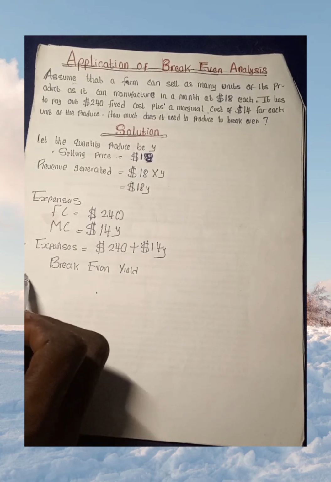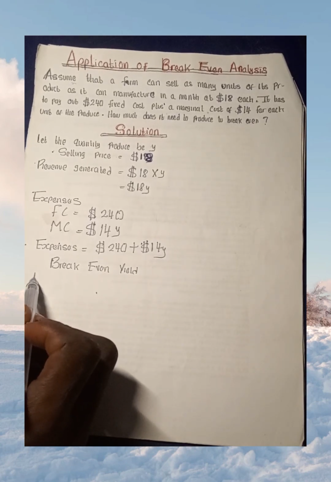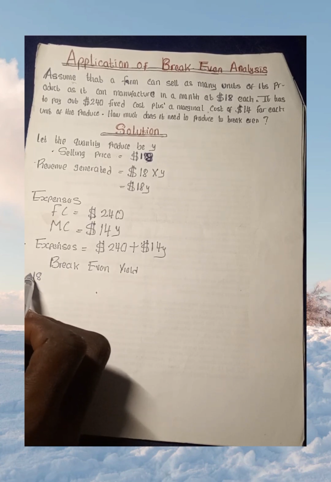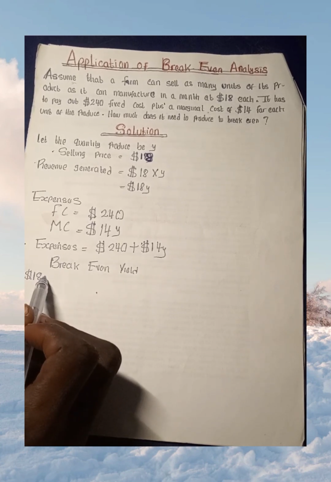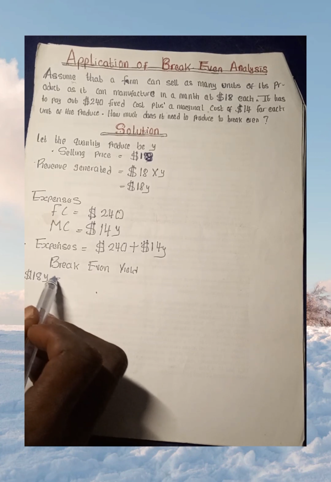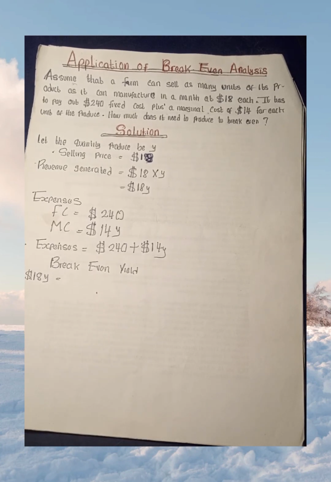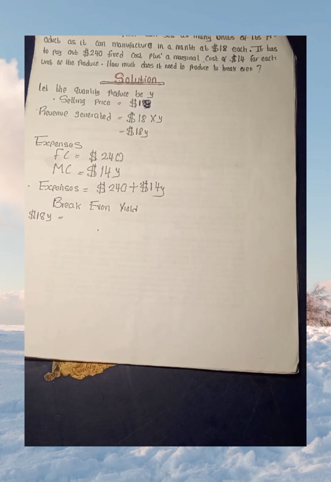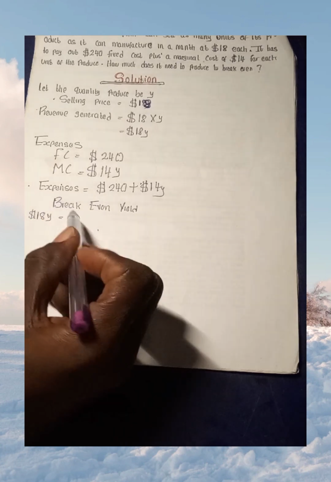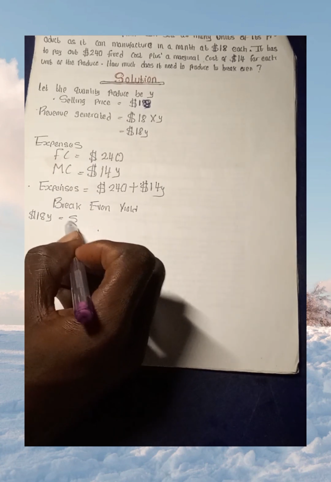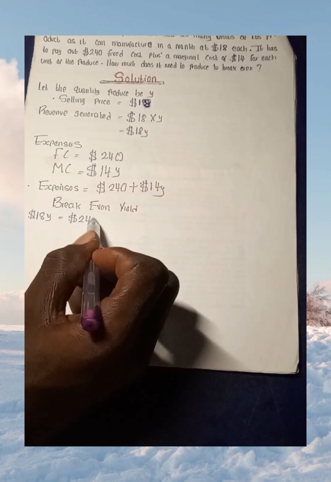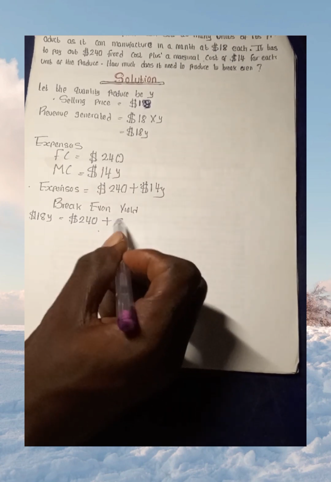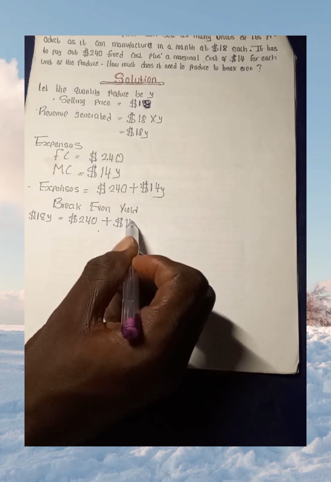To get the break even yield, $18y is equal to 240 plus 14y.